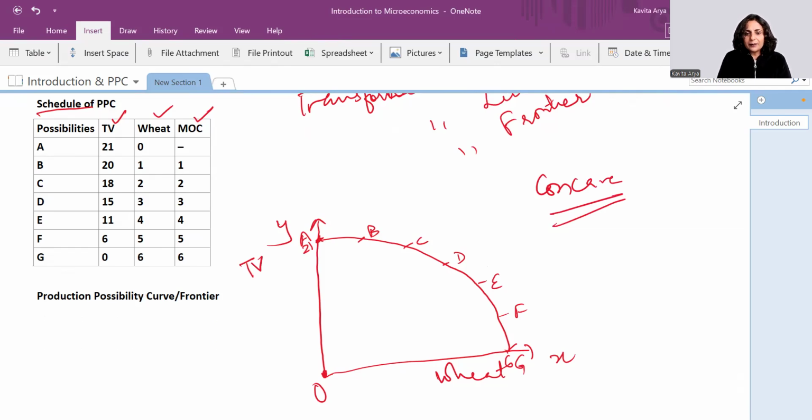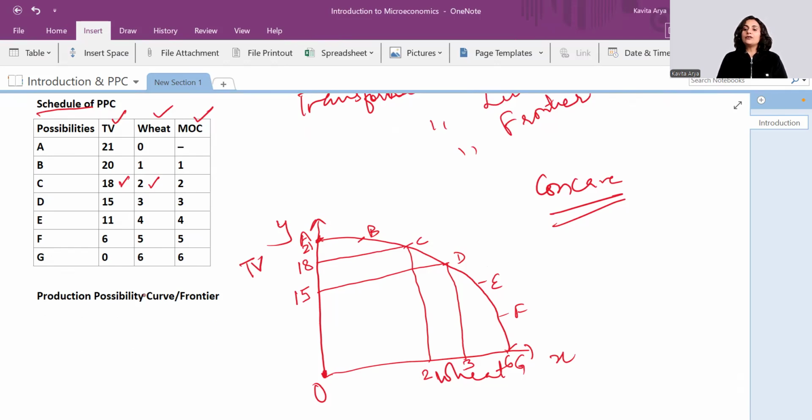Now I'm randomly taking something, just for the sake of explaining this to you. Say I'm talking about point C and point D. At point C, I have 18 units of TV and 2 units of wheat, and at D I have 15 units of TV and 3 units of wheat.